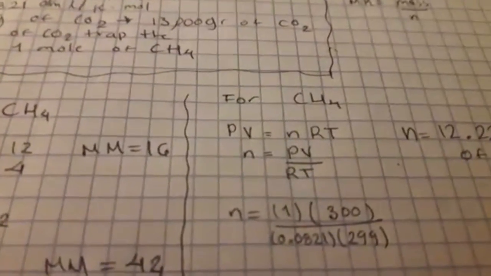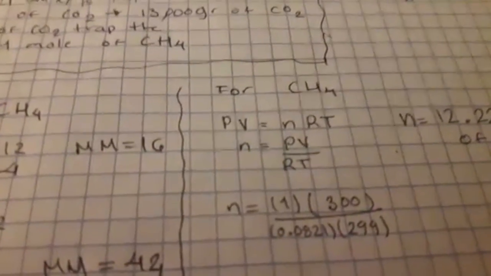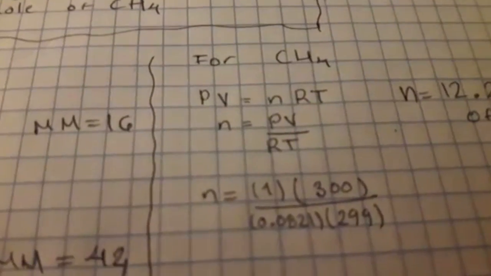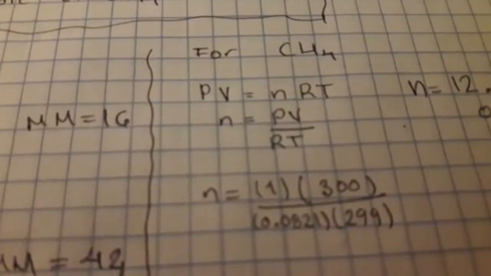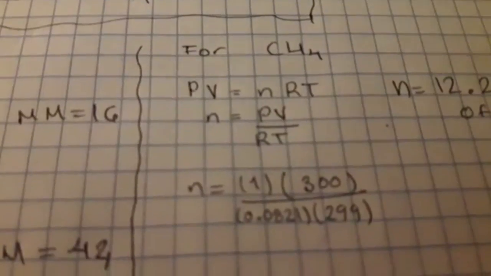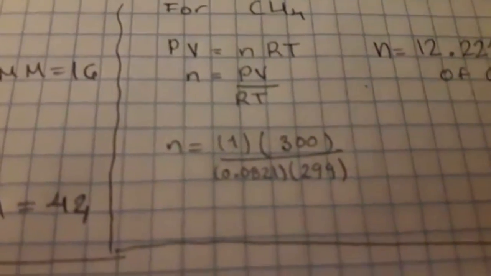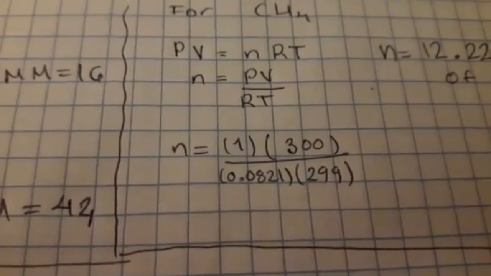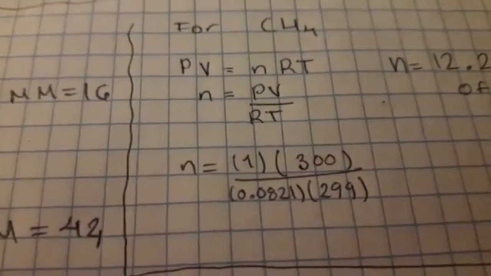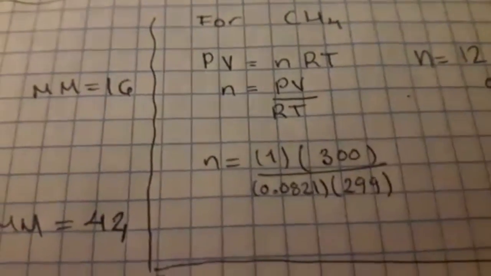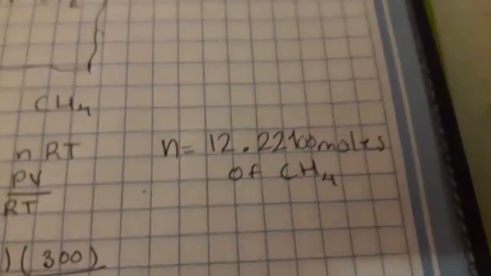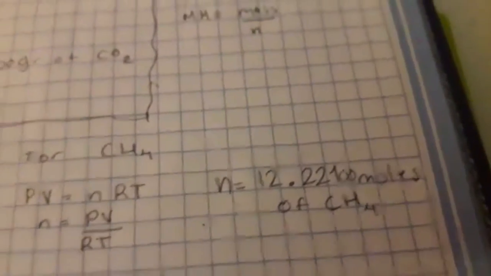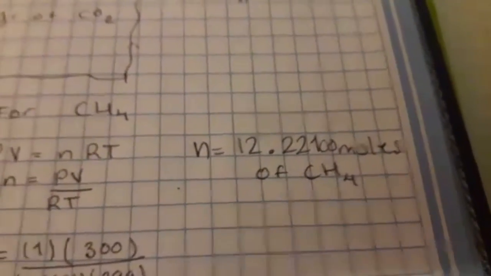Remember that in volume we work with liters, with temperature kelvins, and mass with grams. Always have that in mind. We have the variable R and T. Then we have 1 multiplying 300, the R variable multiplying 299, that gives us a total of around 12 moles of CH4. Okay, we have that quantity of moles.